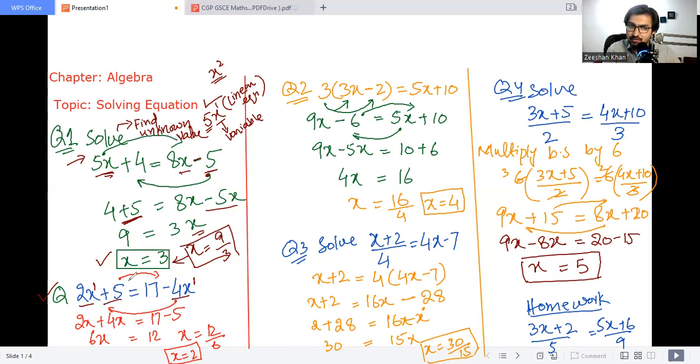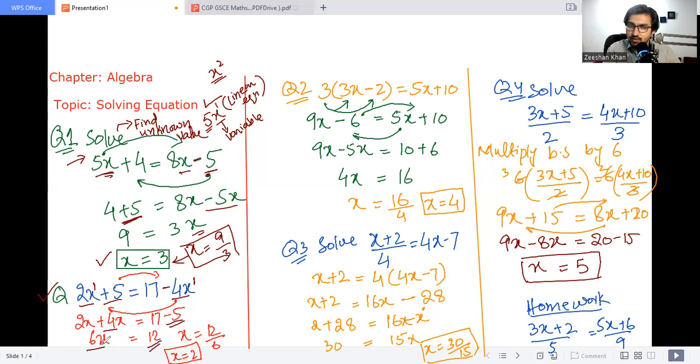And this is a number, I will shift that to the right side. This 4x is negative, so when I shift that to the left side, it will become positive 4x. And when I shift this number, which is plus 5, to the right side, it will become negative 5. So 2x plus 4x is 6x and 17 minus 5 is 12.